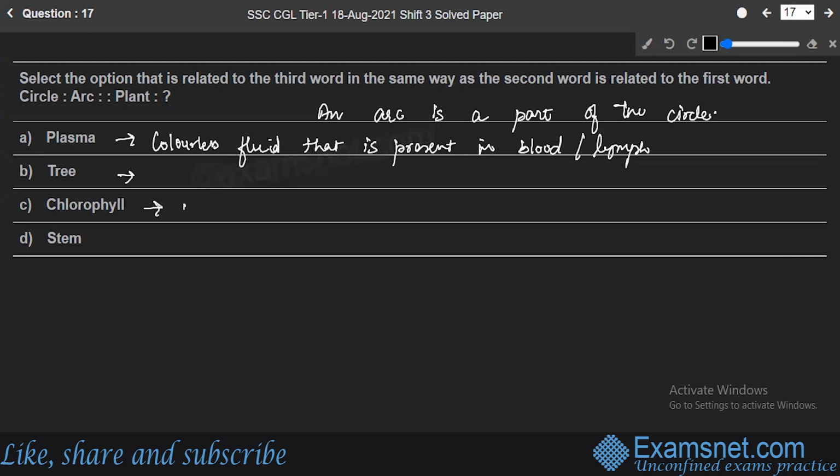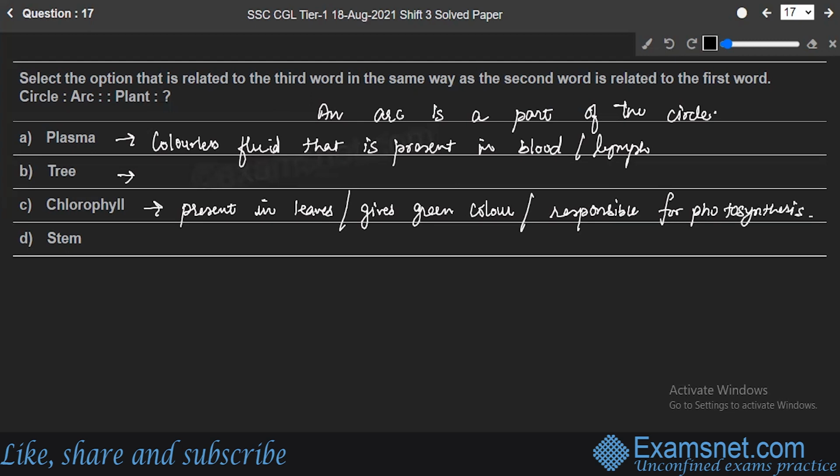Chlorophyll is a substance which is present in leaves, which gives green color to the plant. Also responsible for photosynthesis. Photosynthesis is the process by which the plants prepare their own food.